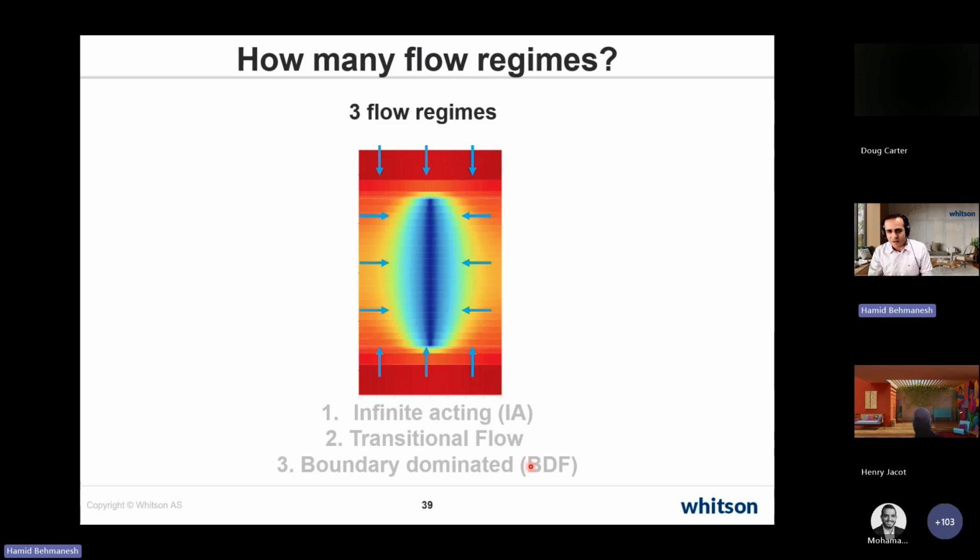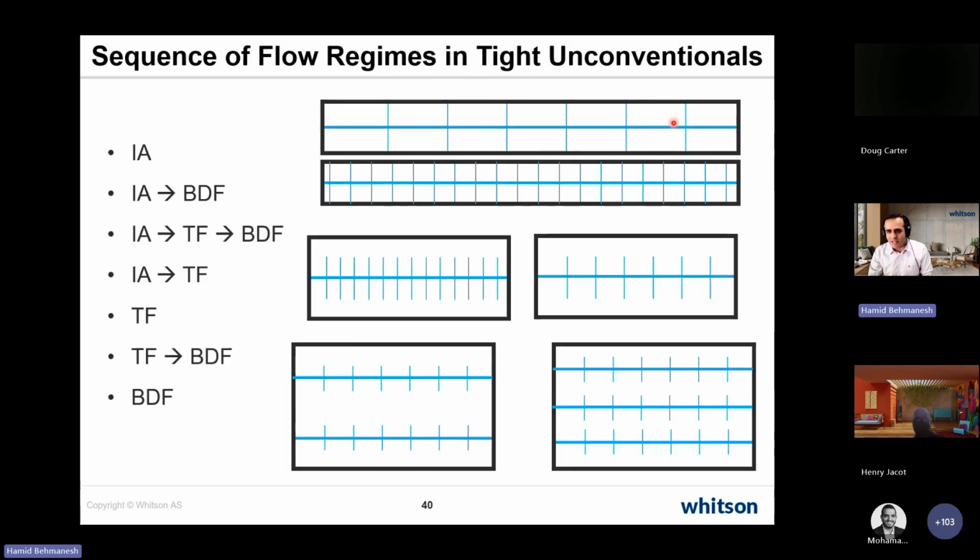So it can sometimes be very complex depending on the completion. For instance, here could be many different combinations of infinite acting going into boundary dominated flow. In this case, where fractures are spaced very closely, there's going to be a period of transient flow, then boundary dominated flow. If the fractures are spaced more widely, it's going to be infinite acting for quite a long period of time before reaching boundary dominated flow.